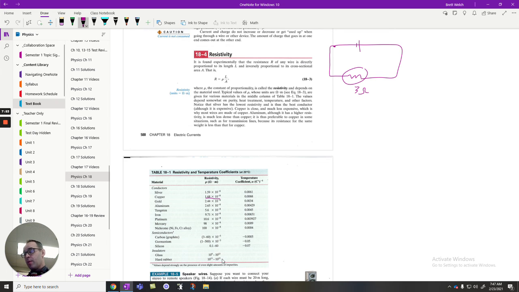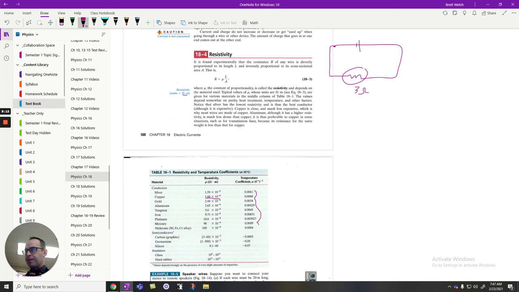That's a big number when you compare it to 10 to the negative 8th. And obviously some of these things do have a temperature dependency. We're not going to talk about those in what we calculate. It will be pretty simple today, but resistivity is measured in ohms per meter. It's how much resistance you get every meter.